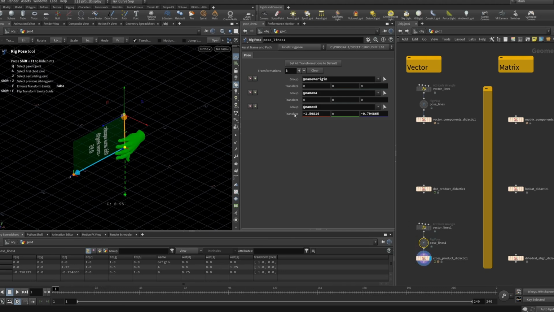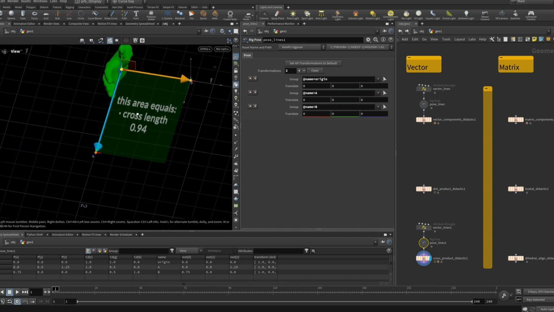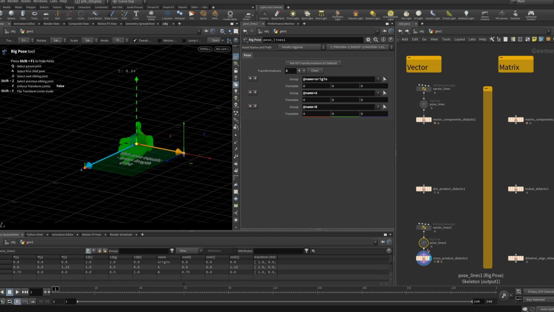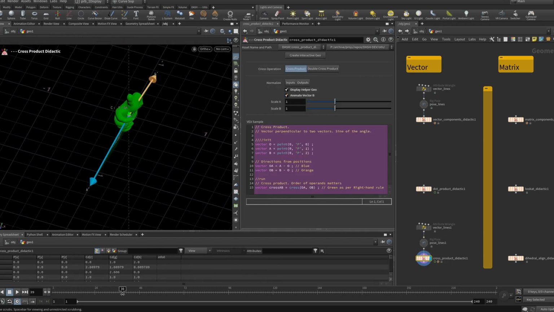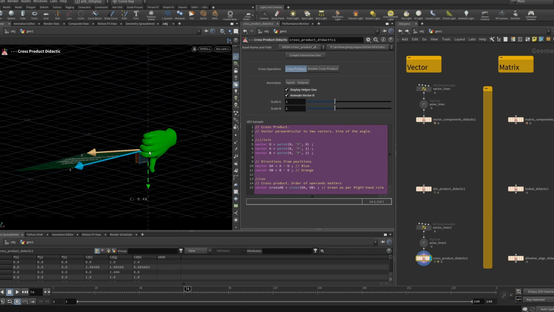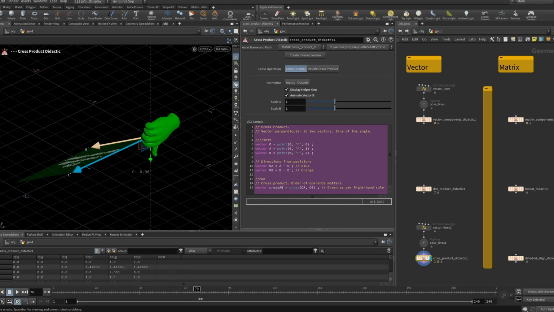Now there's some extra information here in this parallelogram. The area of this parallelogram is equal to the length of the cross product. So as I animate this, you can see that this diminishes as they become aligned, and the area of this parallelogram is also diminishing. So they do match in value, the length of this vector and the area of the parallelogram.